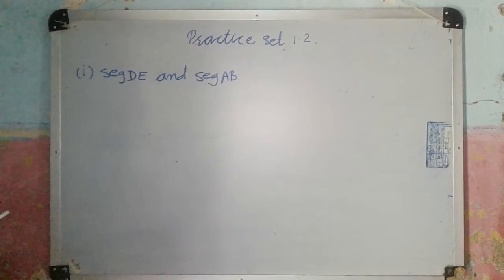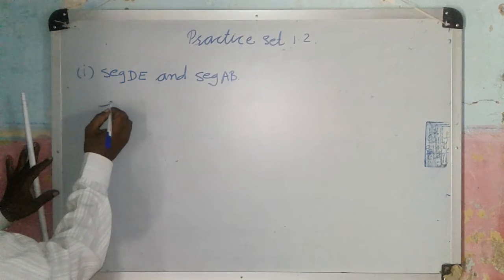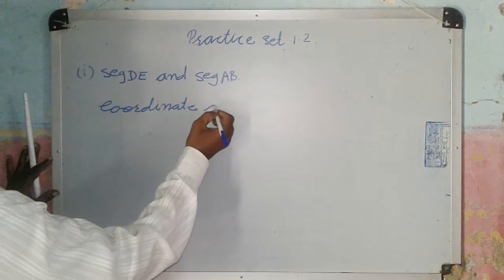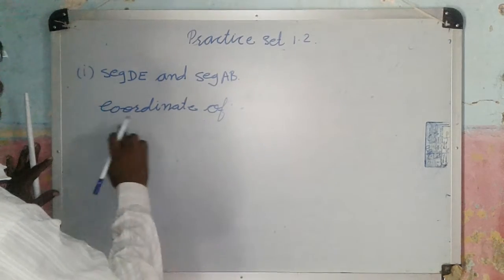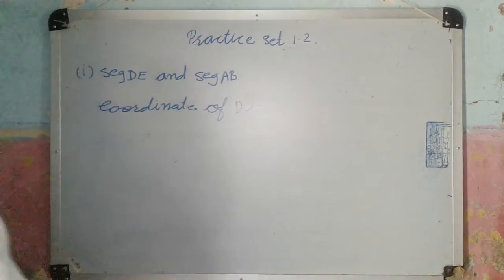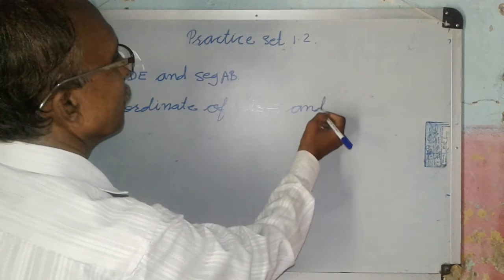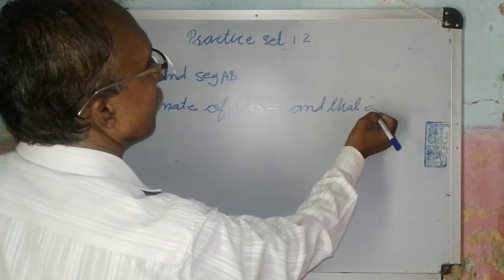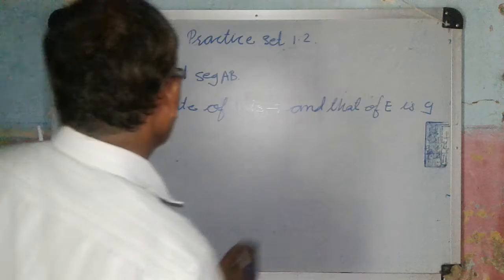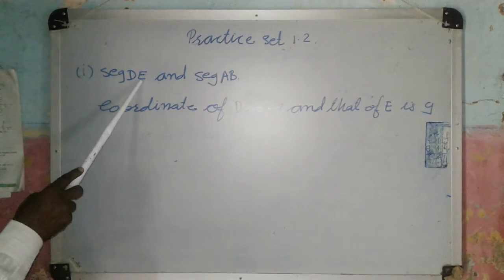Now here, from the table, coordinate of D is -7 and coordinate of E is 9.